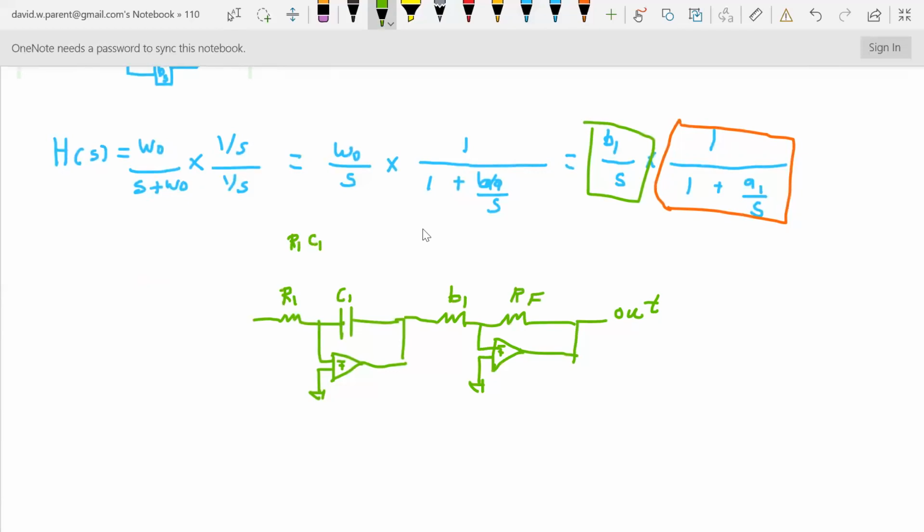Sometimes you can't always do this, but if I have R1 times C1 equal to 1, right, then, and I keep RF fixed, I can set B1 to make this omega naught term by setting that resistor, and that's the out.